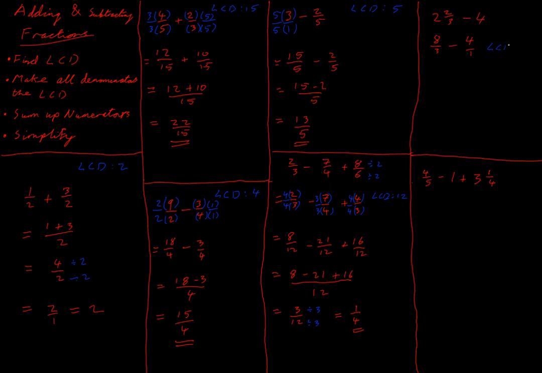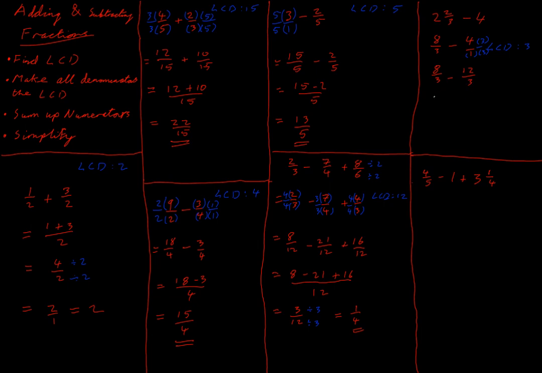Our lowest common denominator is going to be 3. So we want to get 3 here. 3 is already 3, so that's fine. I multiply here by 3 on the bottom and 3 on the top to keep everything balanced. So I have 8 all over 3 minus 4 by 3 is 12 all over 3.